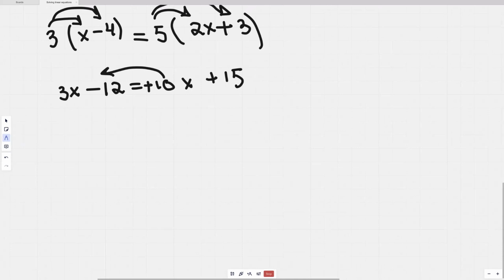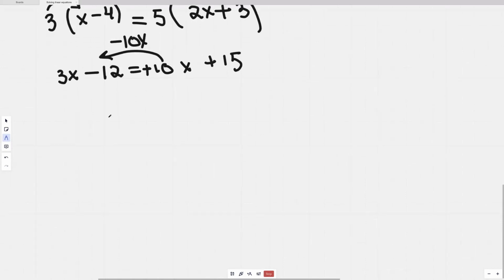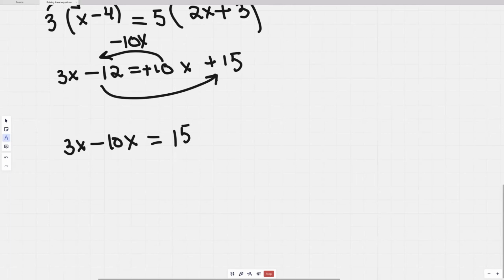This is a positive sign, and it will change to a negative sign, negative 10x. 3x minus 10x is equal to 15 itself, and then minus 12 will be moved to the right side, and its negative will be changed to positive, positive 12, plus 12.